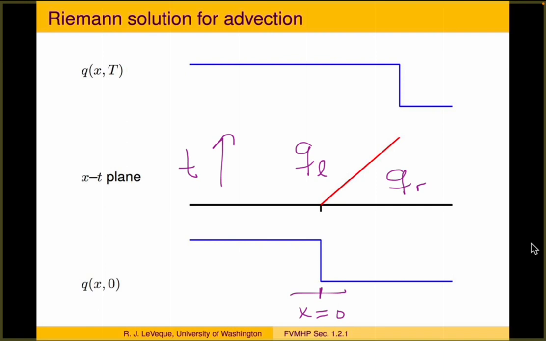And at the top is just a representation of what the solution q looks like at this later time. So ql and qr would be the left and right state, and this jump would have moved from x equals 0 up to x equals u times capital T, at time t, the location of the discontinuity at that time.